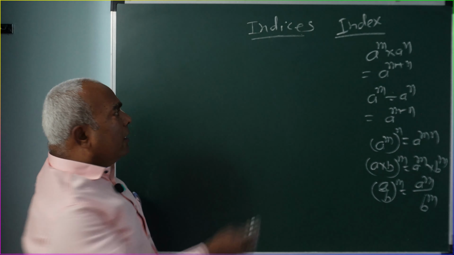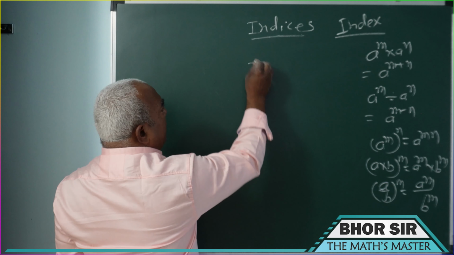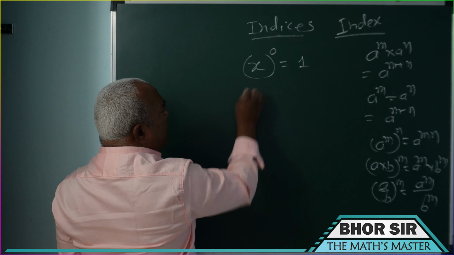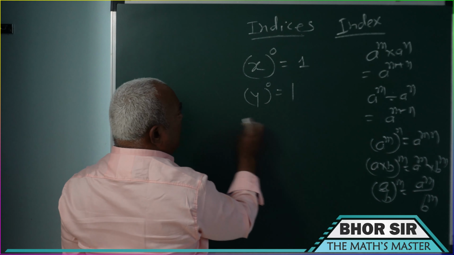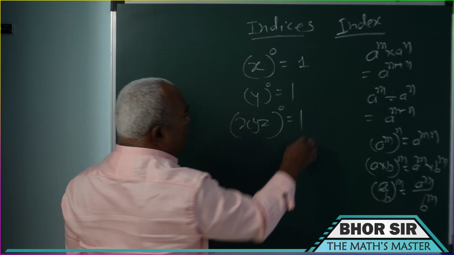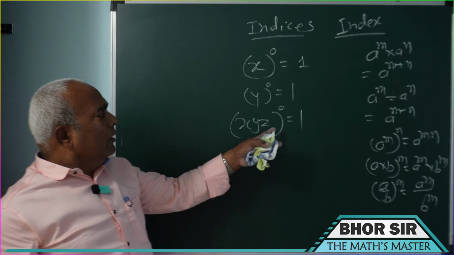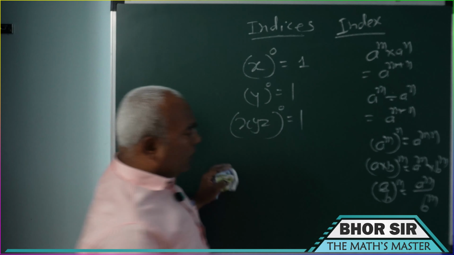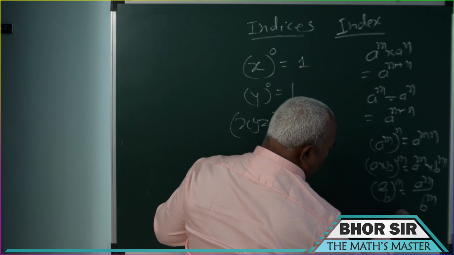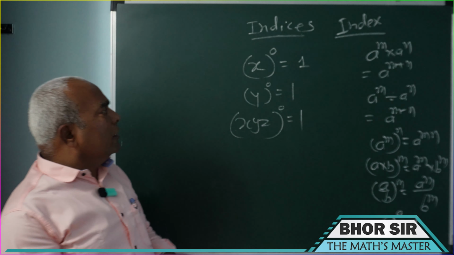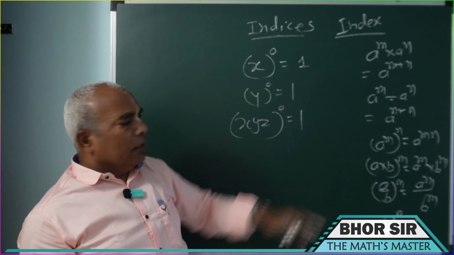Next there is a rule that any number x raised to 0, answer coming 1. y raised to 0, answer coming 1. (x, y, z) raised to 0, answer coming 1. Whatever may be that base, if the index is 0, answer coming 1, this way.